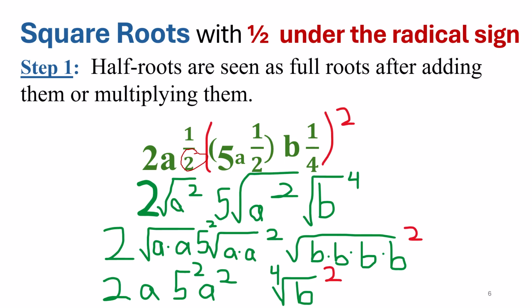This becomes a square root. The square root is implied over here anyway, but for right now I kept it there so you could see what it is, so you could take it out and make it 2a's. Because if you see it like this, you then know to cross these 2a's out.